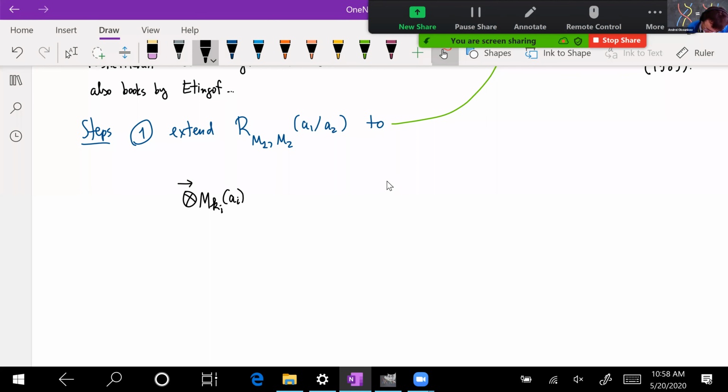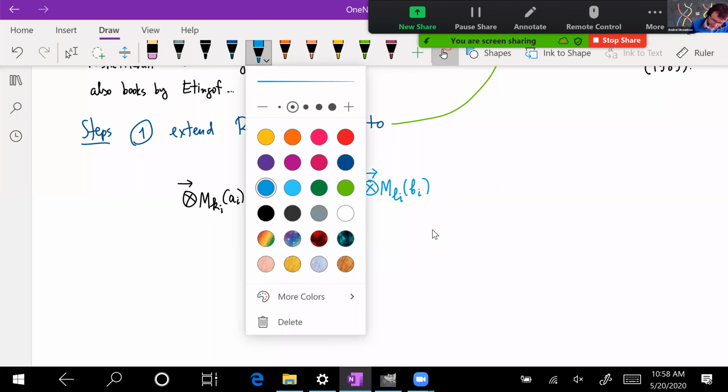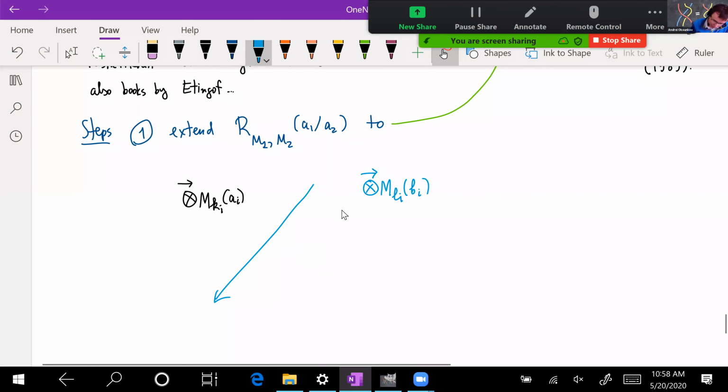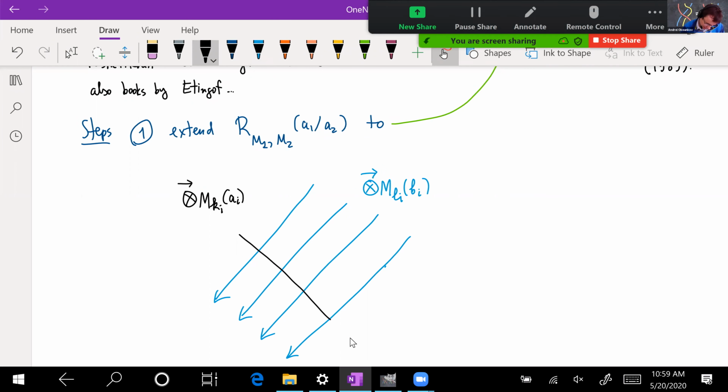And then you have another tensor product, also in some particular order, of this M_l_i of B_i. Then I just imagine this corresponding to a bunch of these lines as before. So previously one R matrix was corresponding to one line. And then if I have a bunch, then I have a bunch of them.